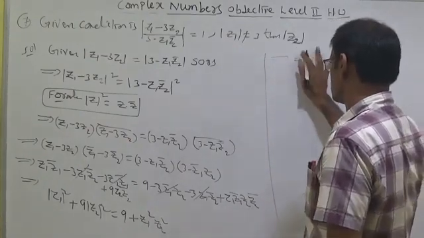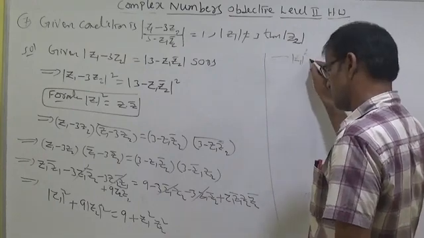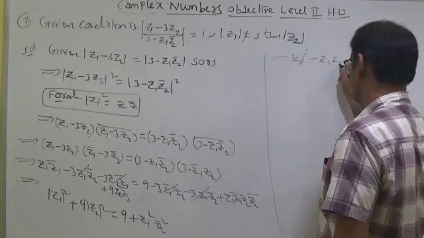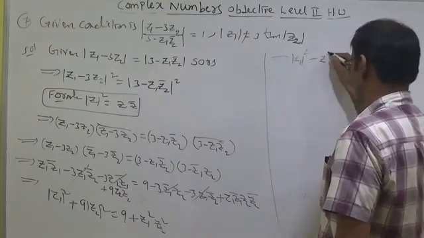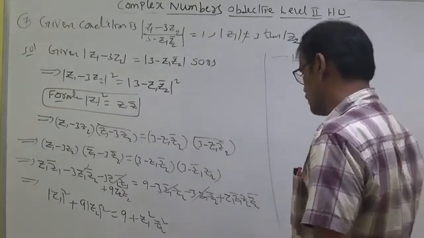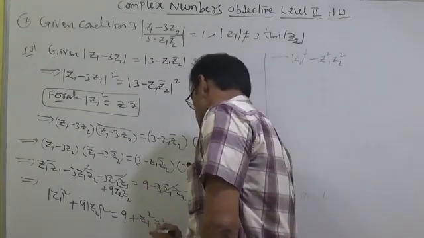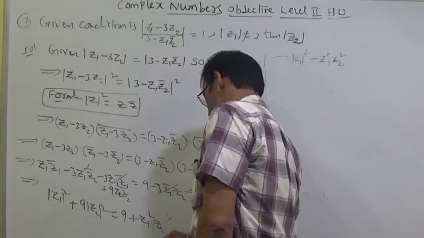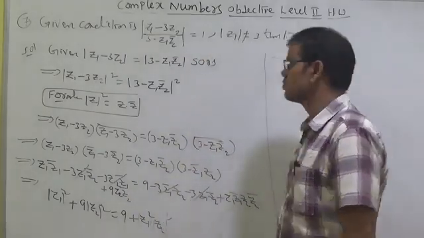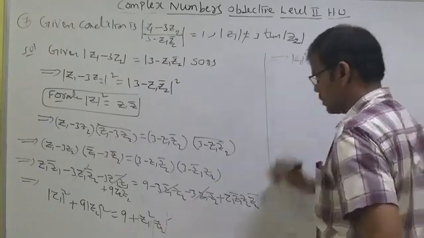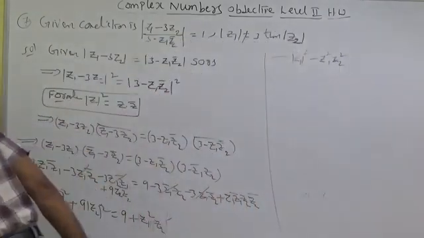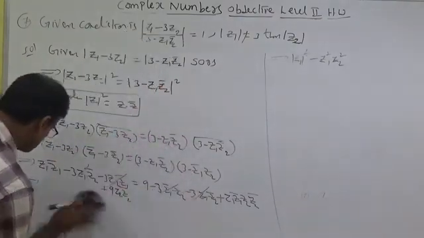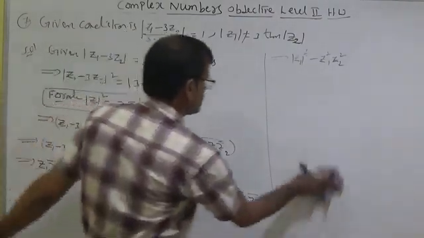So write like this: modulus of Z1 square minus modulus of Z1 square into modulus of Z2 square. This is not visible properly, so here I am writing.